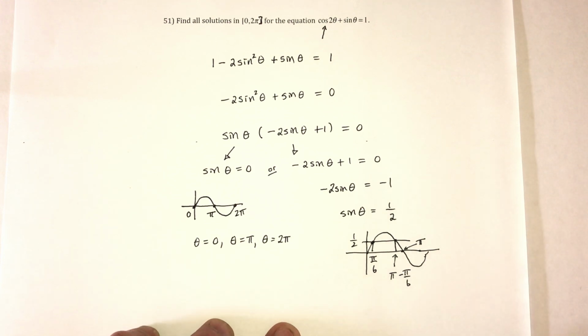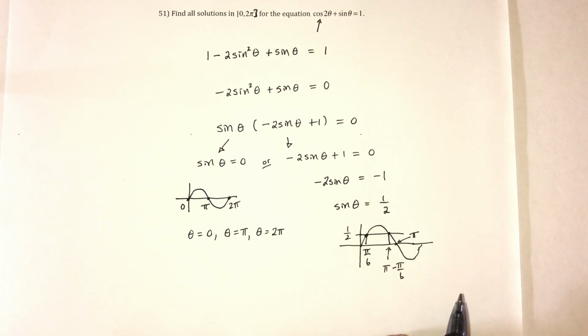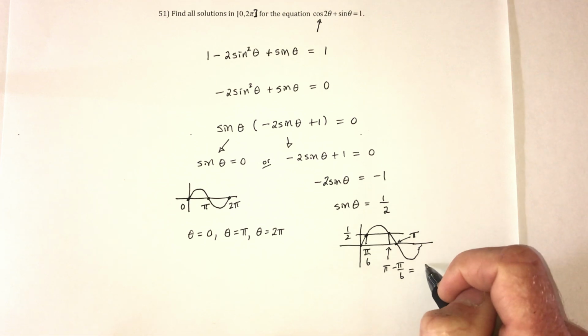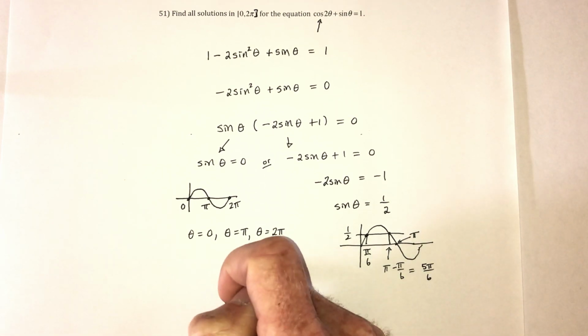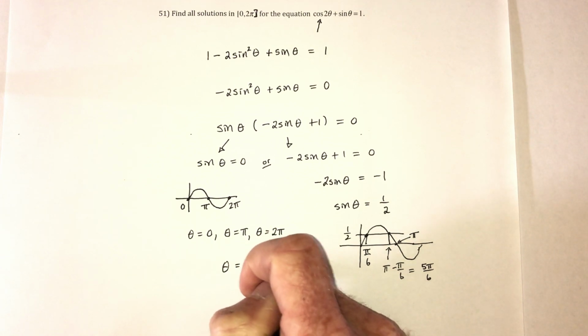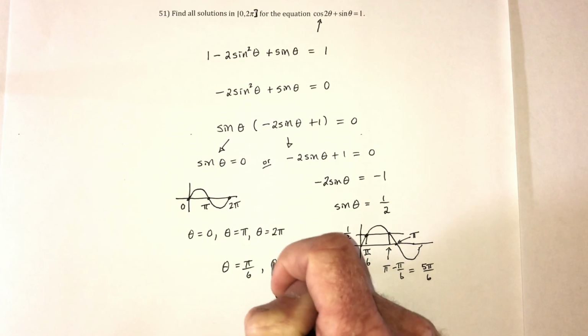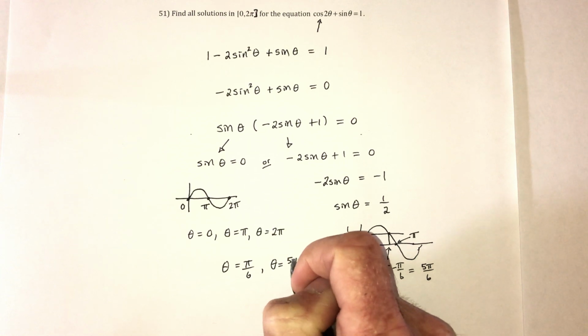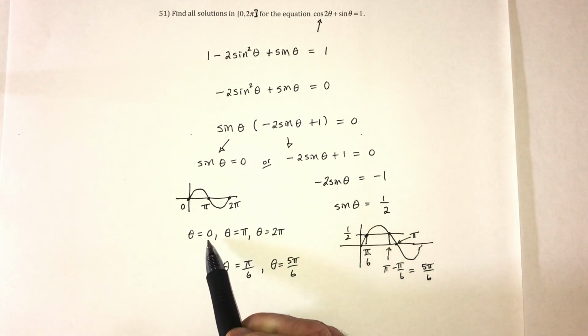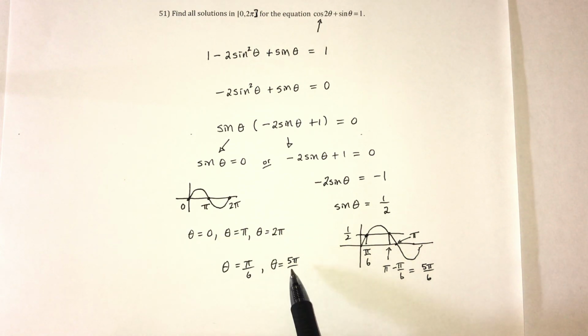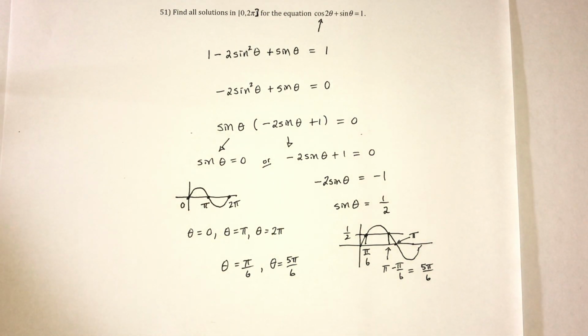So just to the left of pi. And that is equal to 5 pi over 6. So it seems like we have 5 answers. 1, 2, 3, 4, 5. So let's see if this is right.